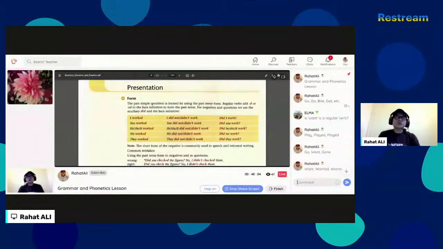Okay. So in the positive form, we use the subject and the regular verb, or the subject and the irregular verb. If you want to make it negative, we have to use did not after the subject. It doesn't matter what the subject is, singular or plural, first, second or third person.